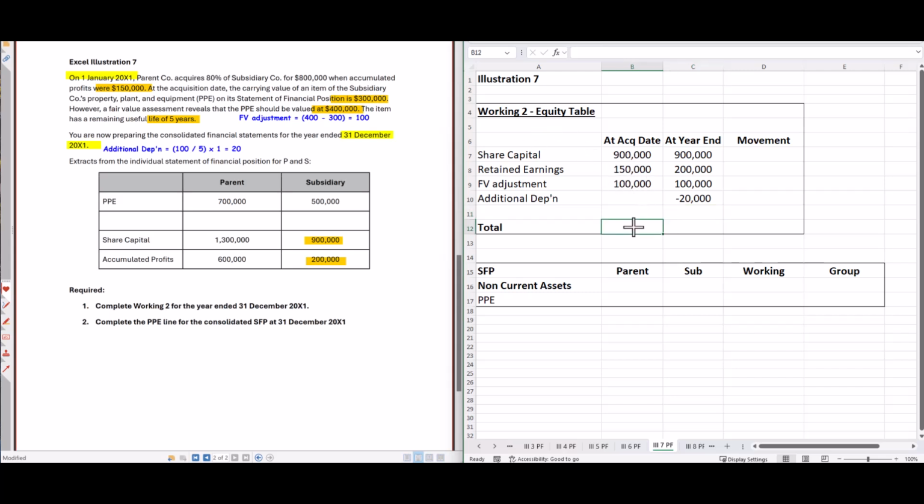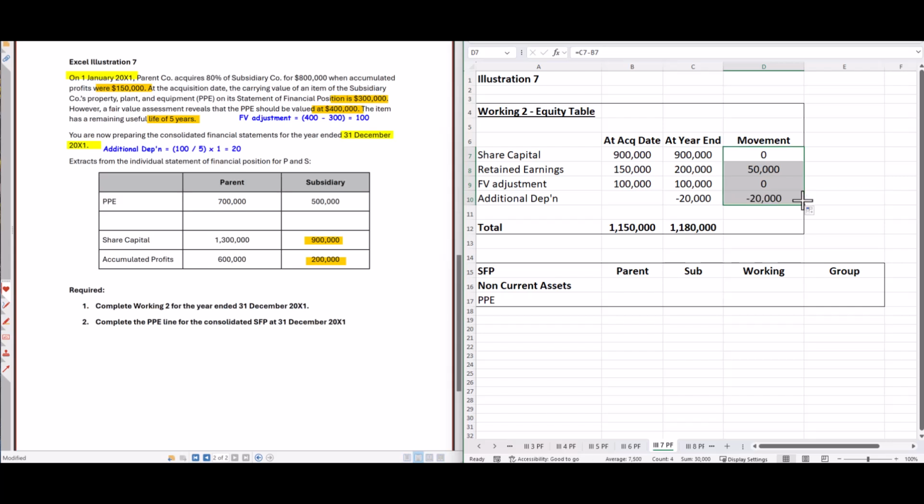We can then just work out everything in our equity table. So the net assets at acquisition are going to be this. By the year end, they've moved to this. The movement, well, no movement on share capital. The retained earnings have gone up by 50. No movement on the fair value adjustment. The asset is still there.